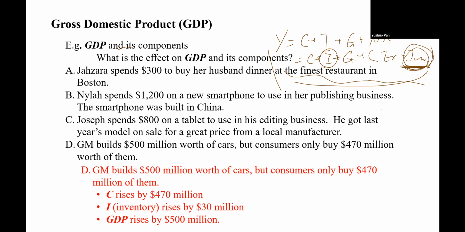If I sell them to the consumers, that's the consumption, because consumers already paid the money for that product. But for the stuff I haven't sold yet, it should be part of the inventory. It still counts as GDP of this year, not next year. So that part is the investment. So the answer will be GDP rises by 500 million.